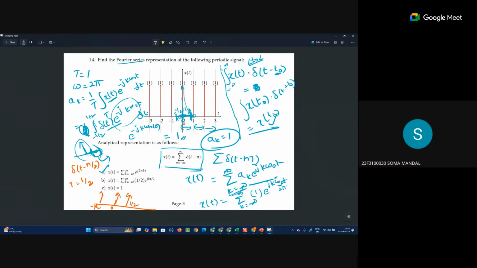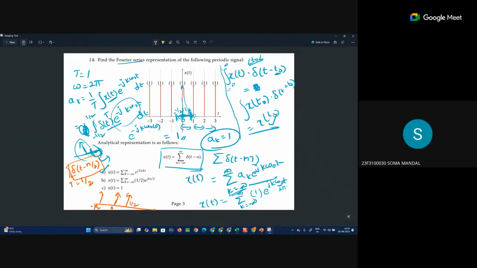We have to find delta t minus n by 2. You are telling this only now: we have to find x of t. It is the same question, we have to find the Fourier series. Same question.